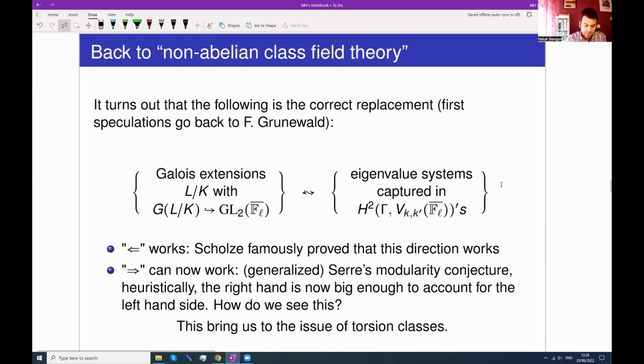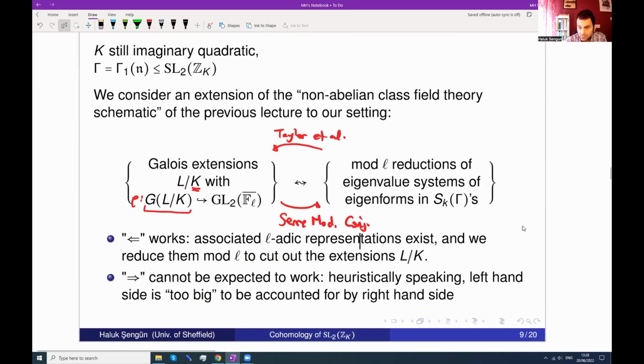So if you want to look at it this way, remember, these eigenforms, through the Eichler-Shimura-Harder isomorphism, live inside complex cohomology, with special weight system.